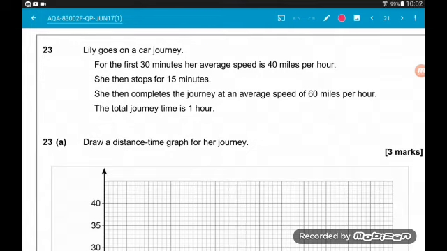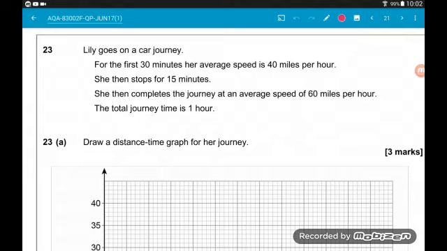Okay, question 23, we want to draw a distance time graph. So for this, we're going to need good old speed, distance, time. So Lily goes on a car journey. For the first 30 minutes, her average speed is 40 miles per hour. She then stops for 15 minutes.